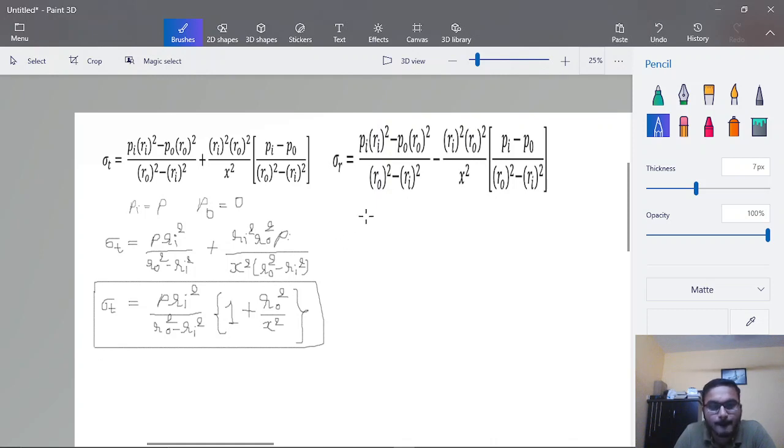And now we will do the same thing for the radial stress.